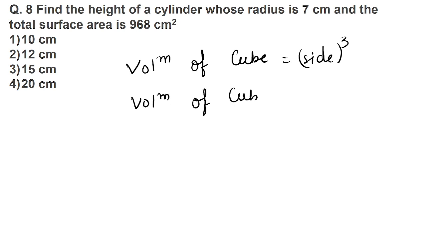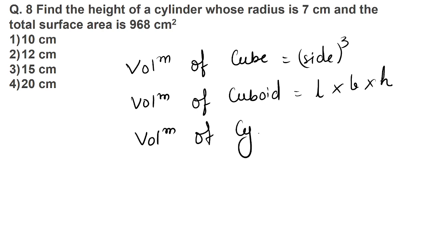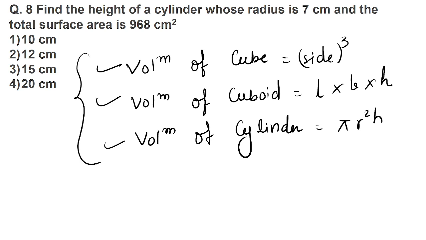Volume of cuboid is equal to length into breadth into height. And if I ask you what is the volume of cylinder, this is equal to pi r square h. These are the three formulas which are important.